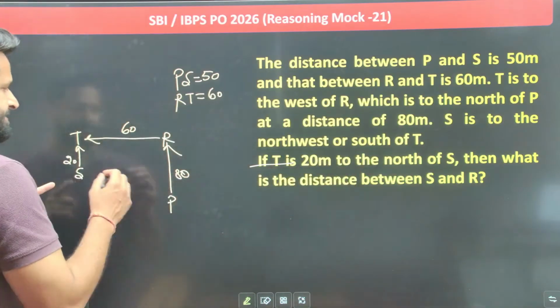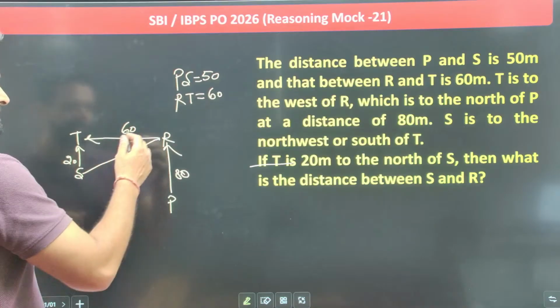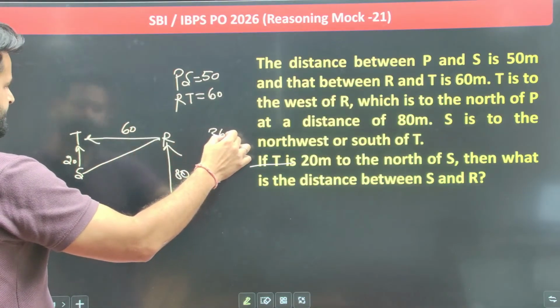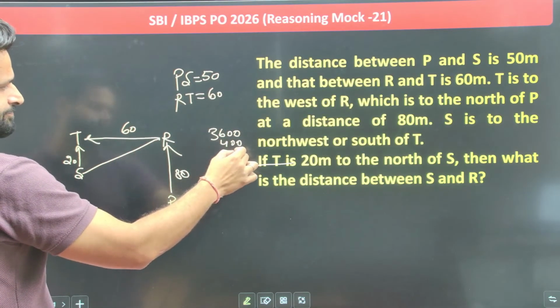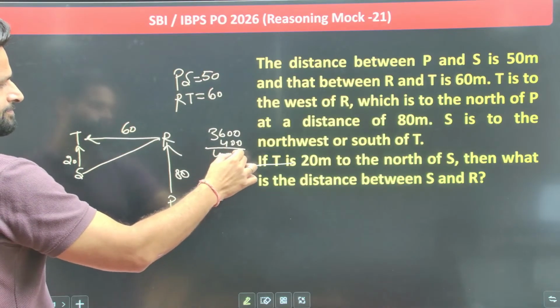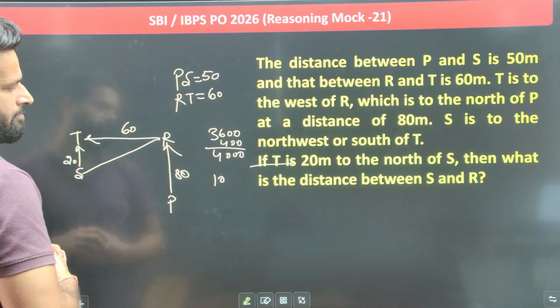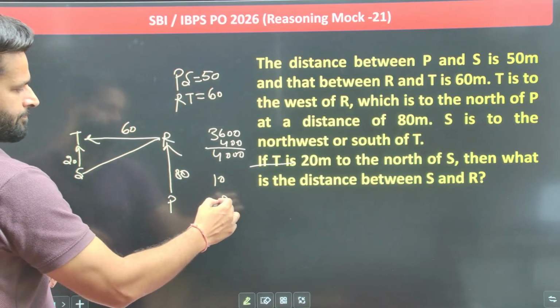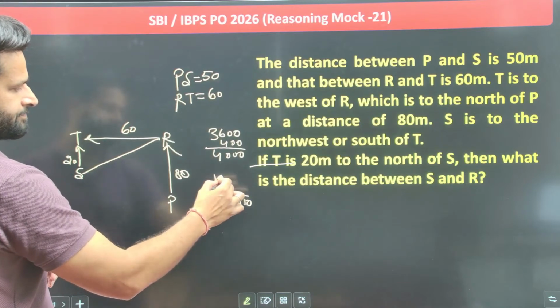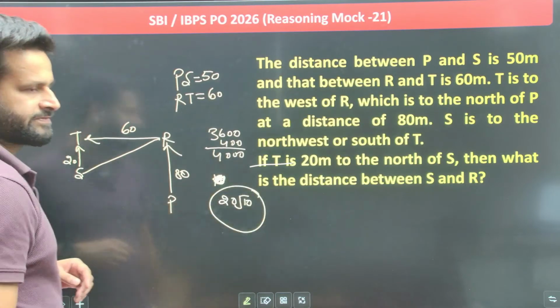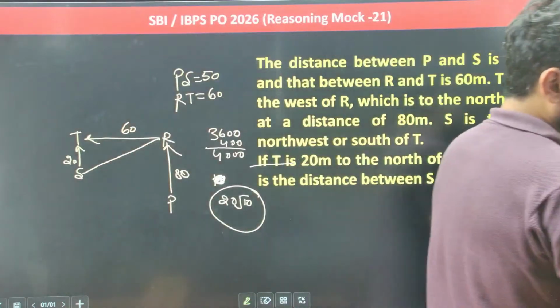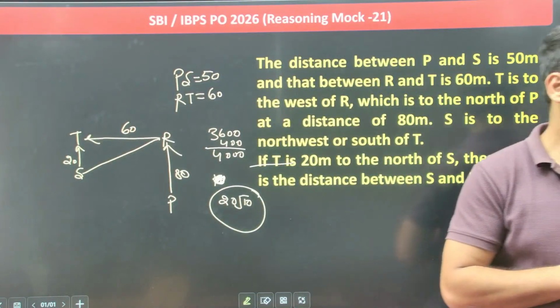Then distance between S and R, again hypotenuse. 6 6 are 36, 100, 400. 20 under root 10. This will be the answer. Is it okay? 20 under root 10 will be the answer.